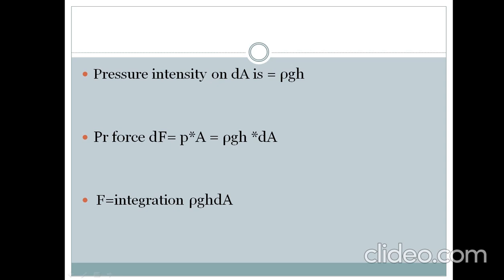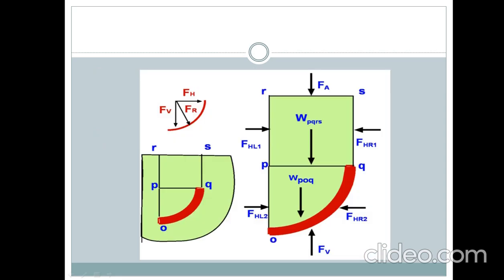This force dF acts normal to the surface. Hence the total pressure force on the curved surface should be F equal to the integration of rho g h dA. But here, as the directions of forces on the small areas are not the same and vary from point to point, integration of this equation for a curved surface is impossible.